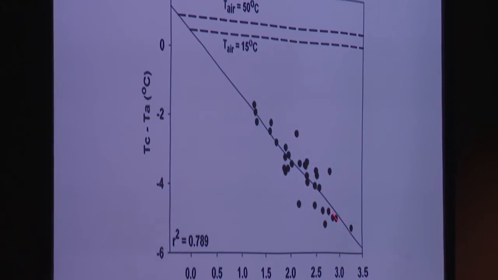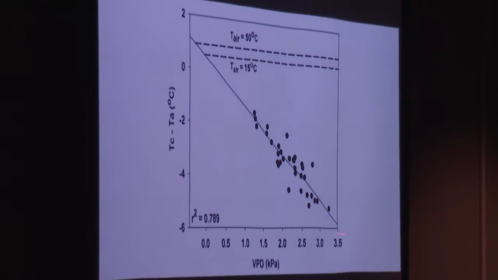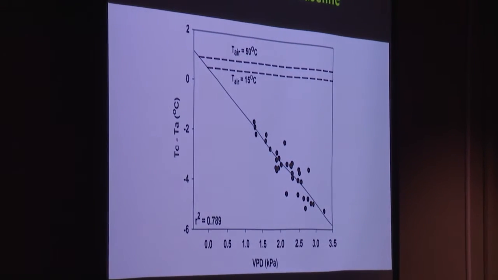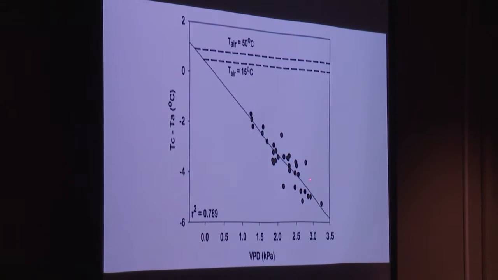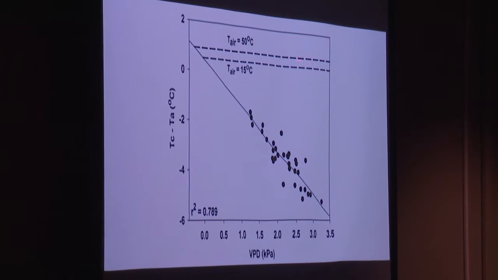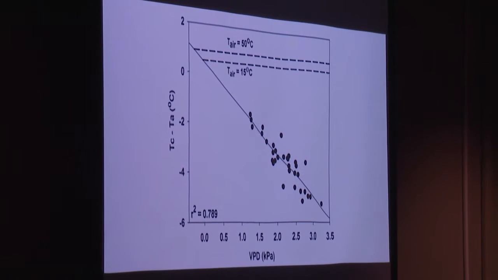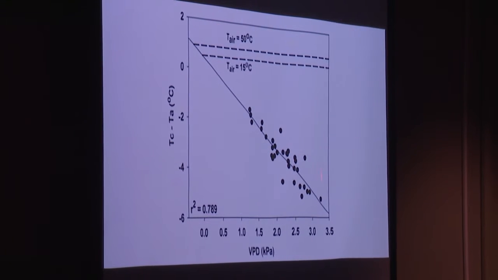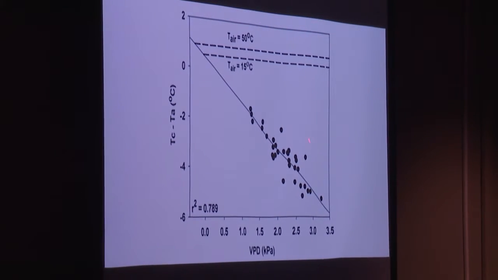Okay? Very predictable relationship. If we're on this line, we're at drought stress equals 0, crop water stress index of 0. If we're up here at one of these lines, we're a completely stressed crop. So somewhere in between is where you want to shoot for in terms of trying to maximize water use efficiency.